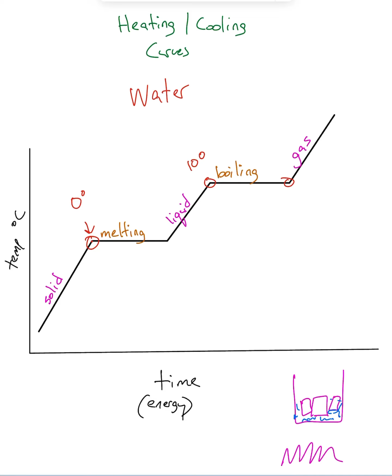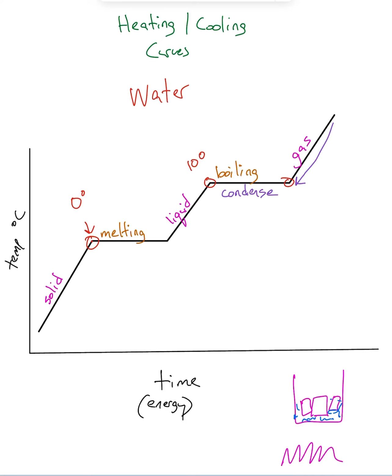But to keep things simple, a lot of times what we'll do is we will actually just write the opposite down. So if a gas is cooling off, it gets to here, this is called its condensation. I'm just going to write condense because I can't write condensation all the way there.